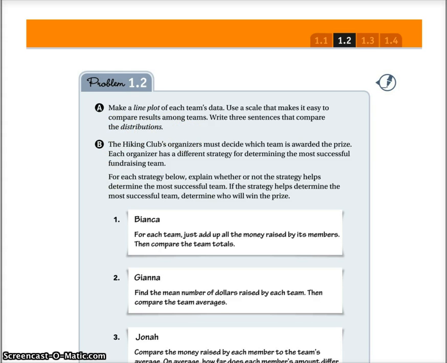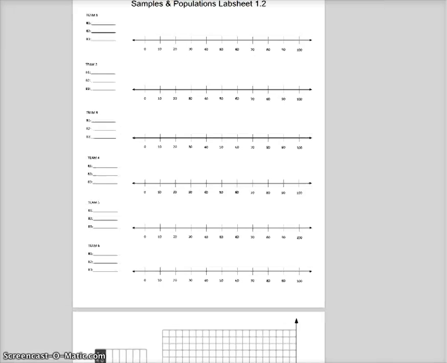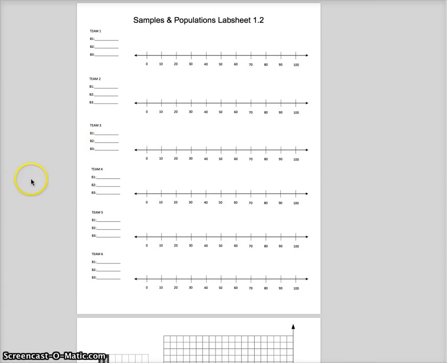What I'm going to do is use my lab sheet and put it into our notebook.